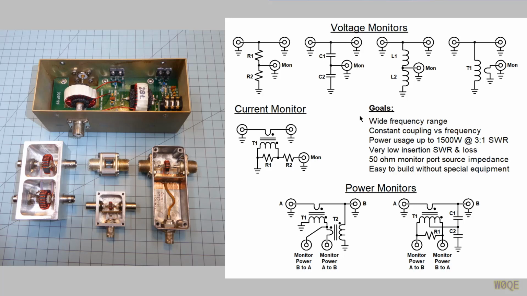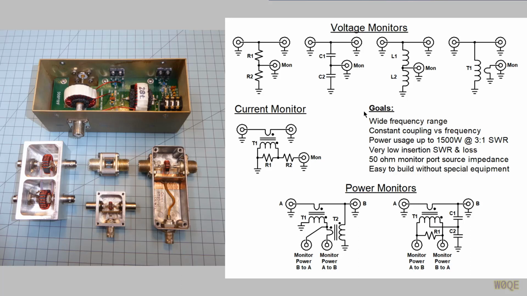Our goals here, or my goals at least, and depending on what you'd be looking for, your goals may be similar to mine and may not be. But wide frequency range is good. If it has a wide frequency range, we have the ability to look at the harmonics on signals, which is a nice thing to do and something we need to do a lot of times if we're building an amplifier. Constant coupling versus frequency.